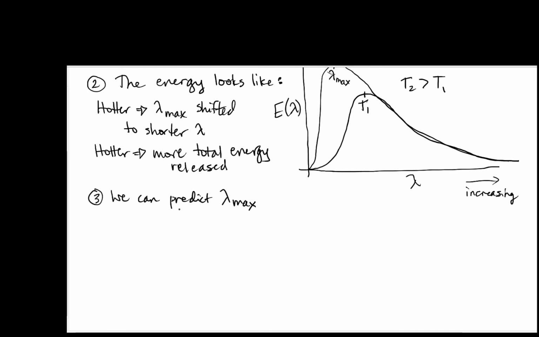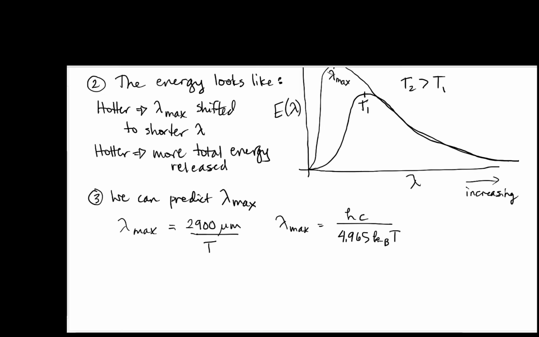The equation to predict lambda max can be found in various different forms. The short form of this gives us the wavelength in micrometers, and it's 2,900 micrometers divided by the temperature in Kelvin. If you want to see a slightly longer version of this equation, you can find hc over 4.965 kBT.